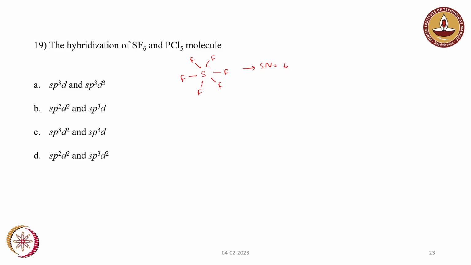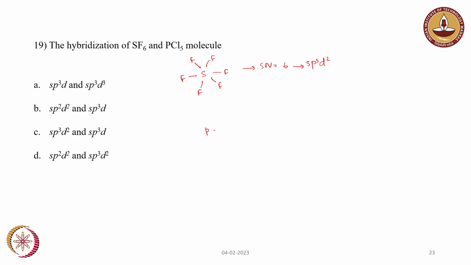Since there are 6 bonds, we'll need 6 hybridized orbitals. So it will be sp3d2. A total of 6 hybridized orbitals will be there in sp3d2.